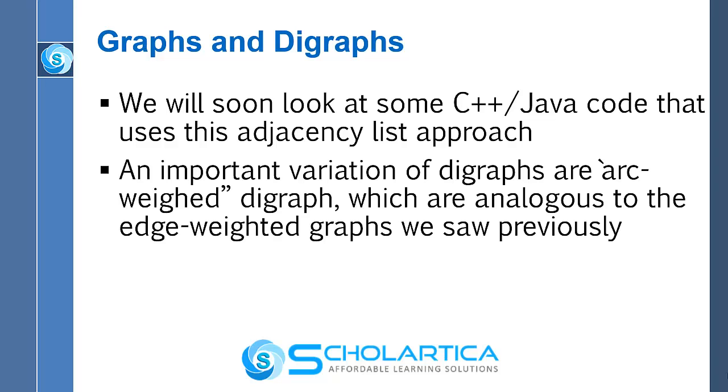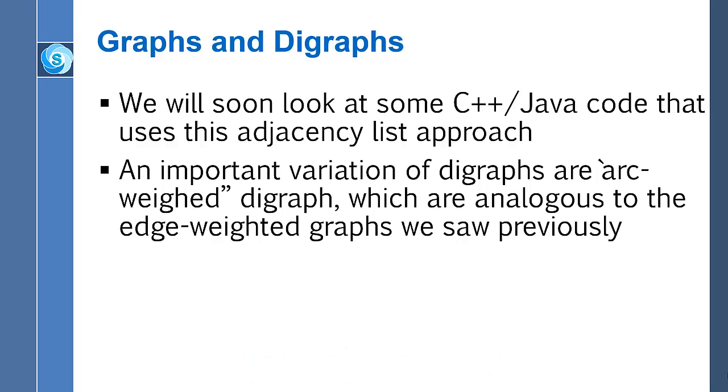We do have to consider a variation on directed graphs, namely arc-weighted digraphs. This is exactly like the idea of edge-weighted graphs. For ordinary graphs, we generalized to edge-weighted graphs.